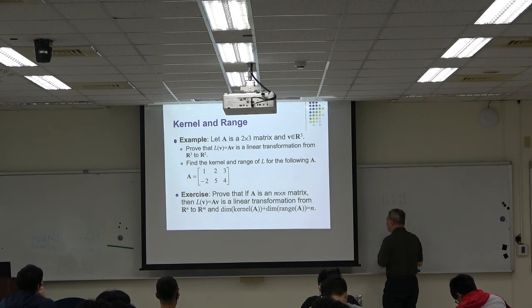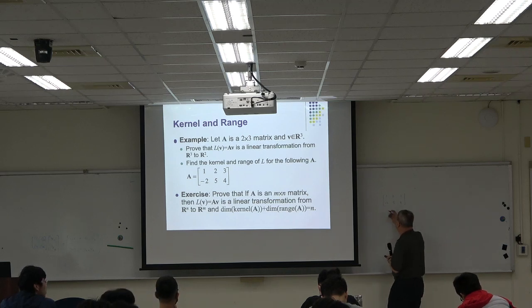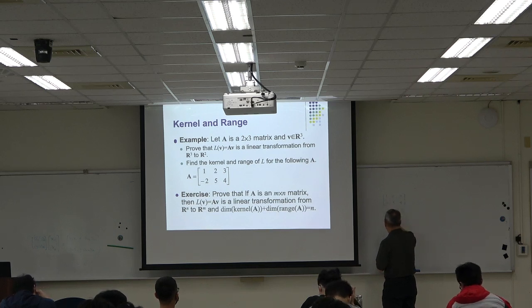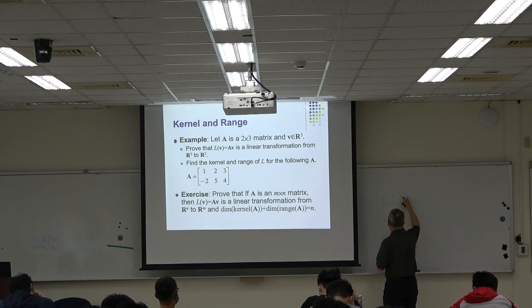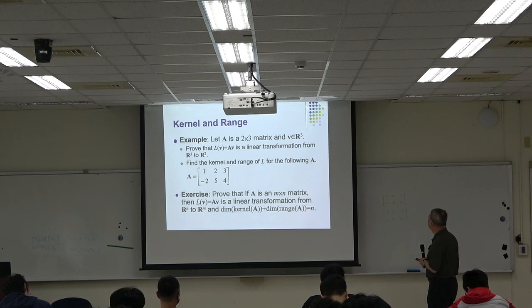So we can do an elementary row operation: multiply the first row by 2 and add to the second row. Something like this, right?